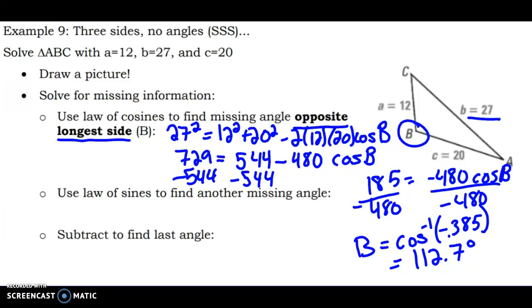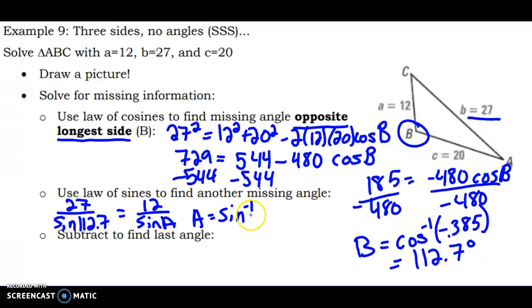Now again, we only use law of cosines once. So now you're going to switch back to law of sines. Now that we have a match, 27 over sine 112.7 equals, we're going to solve for A first. So 12 over sine A. So A equals sine inverse of 12 sine 112.7 over 27.